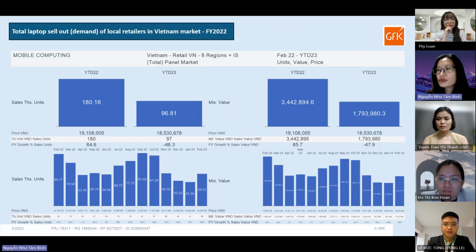Now we come to the year of 2022. As shown in the overall sales of 2022, the previous year gross sales ratio year to date was 64.6%. So it means the total demand of the whole year of 2022 was much higher than 2021.